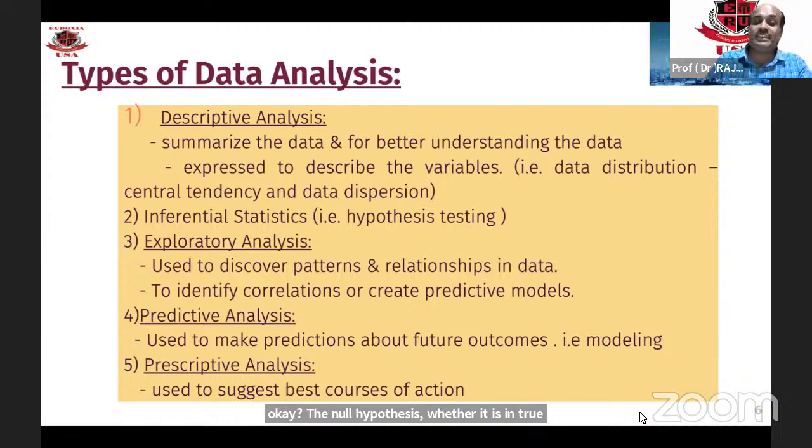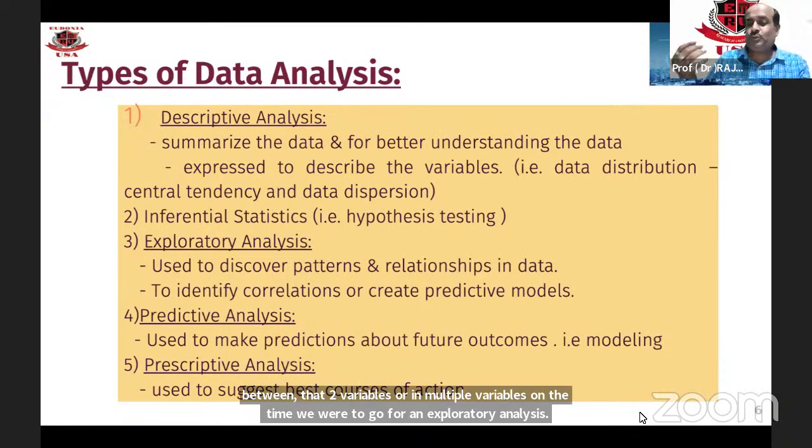Next is exploratory analysis, to find out patterns, how the changes are there and what the relationship is between the independent variable, dependent variable, and other types of variables. To identify correlations or create predictive models, whether it is positively related or negatively related, or there is no correlation between the two variables or multiple variables, at that time we go for exploratory analysis.